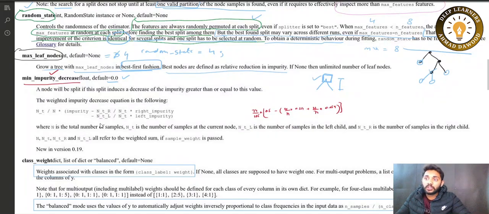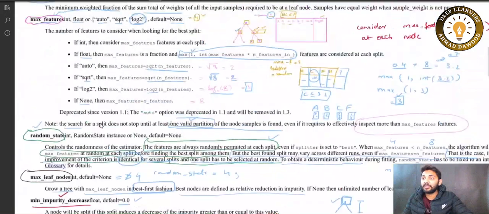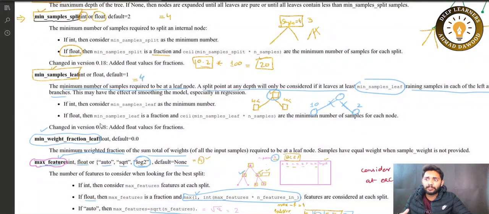Now keep in mind, for this hyperparameter, if during the training part, in the fit method, you have also passed your sample weights, like I discussed in the previous case, there are some cases when you can pass sample weights along with your data set, as in min weight fraction leaf.